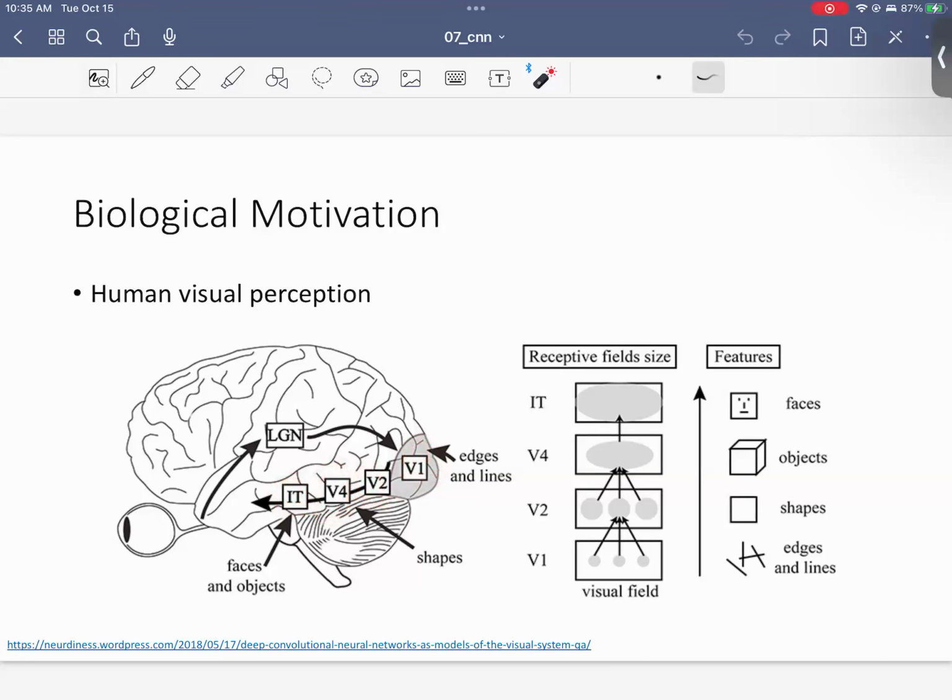V1 is all about edges and lines, so very low-level features, and then it slowly builds up those features to get the final image or semantic, like a human face or a dog or a cat, something more in a high-level abstract space. So based on that, we would like to also have an architecture that gradually builds this kind of visual perception.